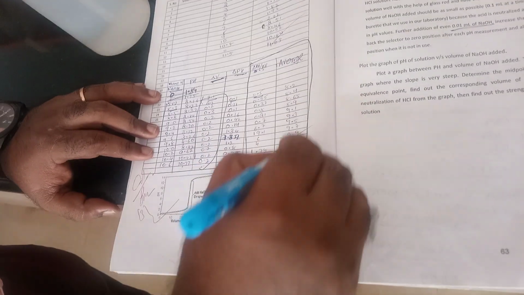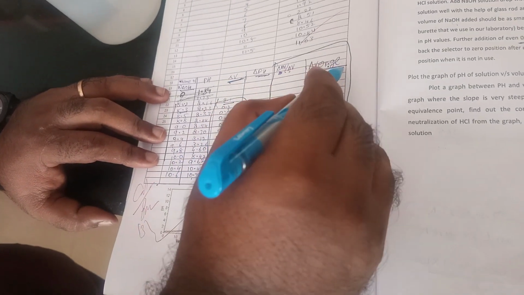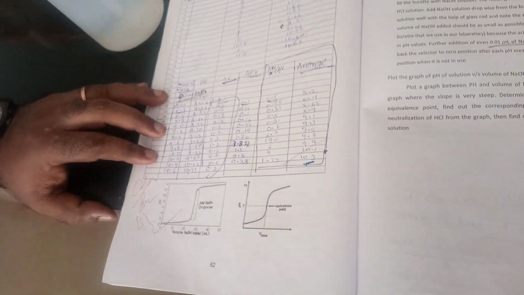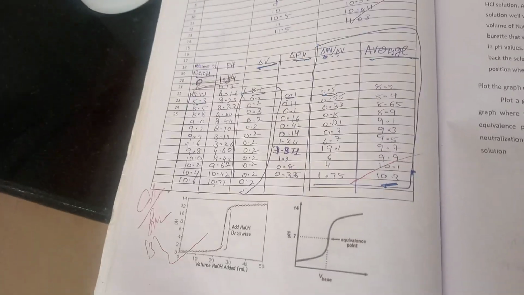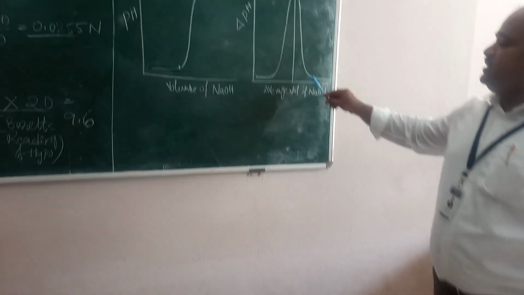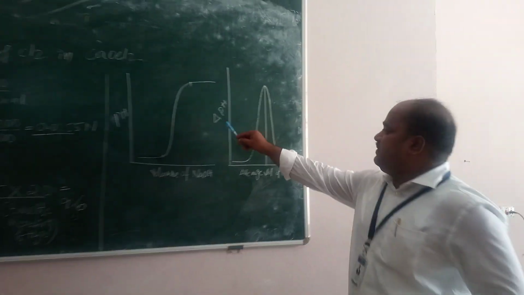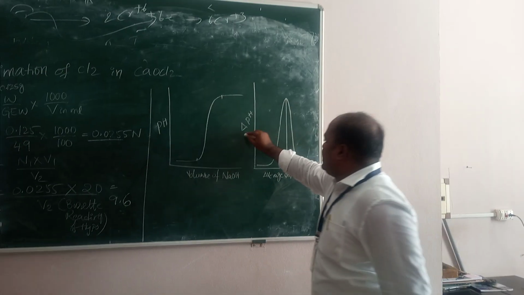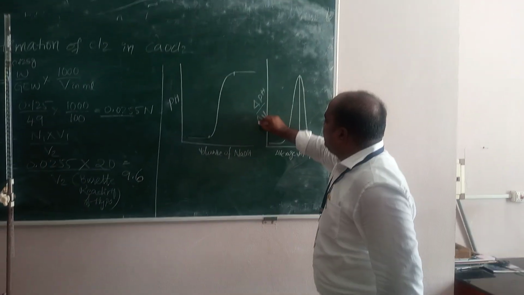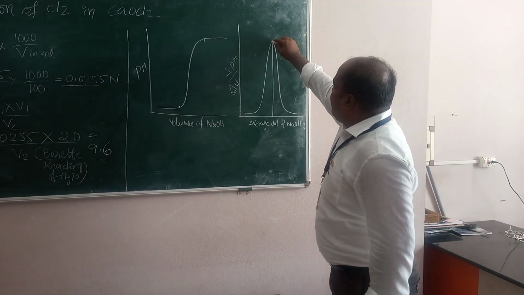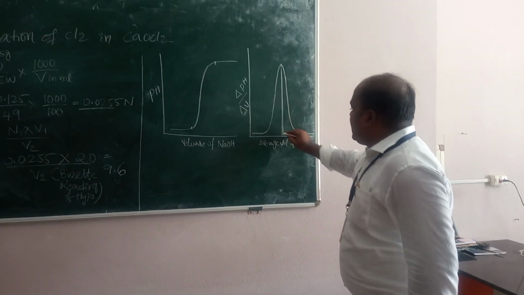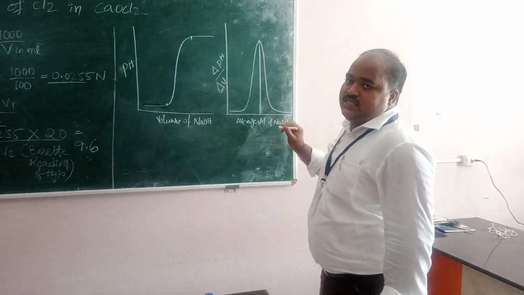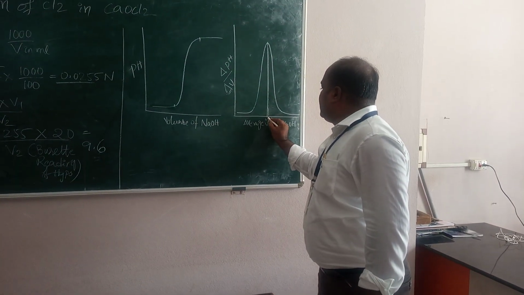If you plot the graph of delta pH by delta V against the average volume of NaOH, you will get a graph like this. At this point exactly, we said tentatively 6 ml, but it will be maybe 6.3 ml.